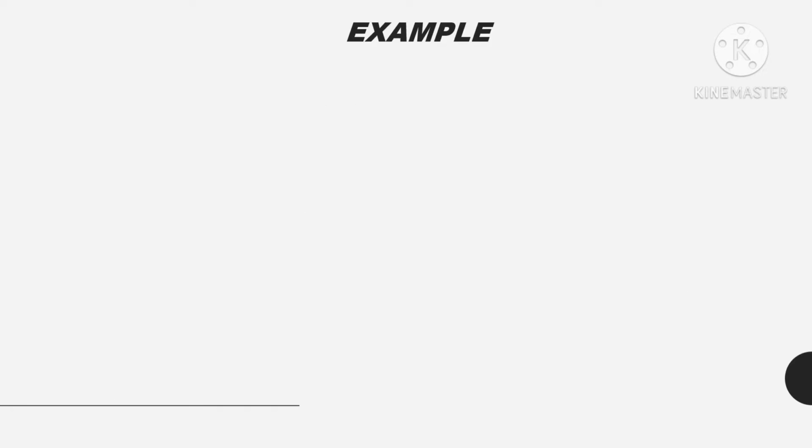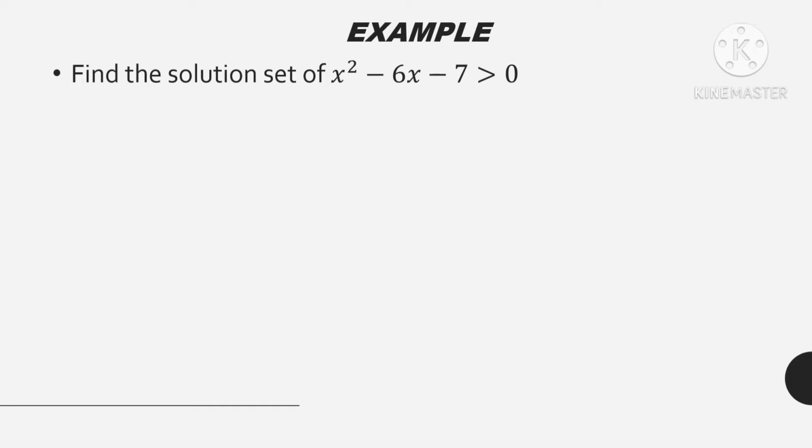Okay, let us have an example on how to solve quadratic inequality. First, we have: find the solution set of x squared minus 6x minus 7 is greater than 0. First, we have to factor the quadratic expression x squared minus 6x minus 7. So, we'll get the factors of this quadratic expression. So, the factors are x minus 7 times x plus 1 is greater than 0.